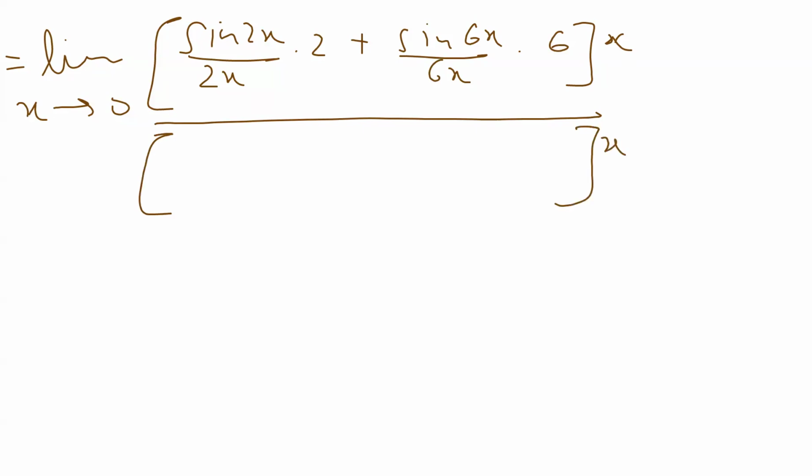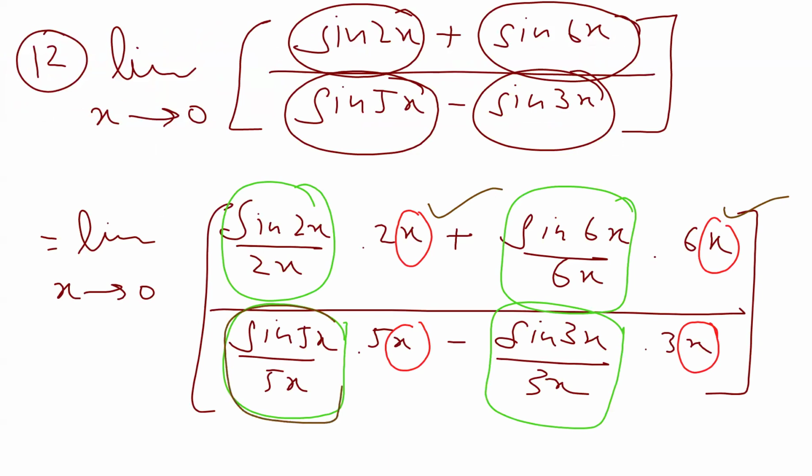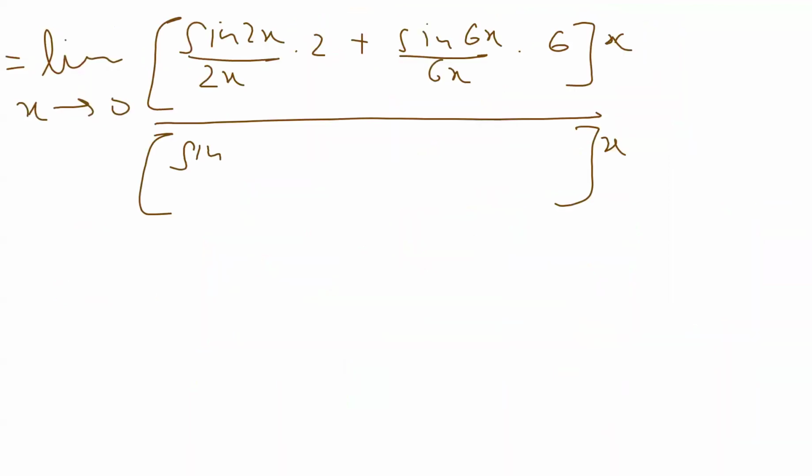Down also you take x common. So sine 5x into 5, sine 3x into 3. And x is going outside. Sine 5x into 5 minus sine 3x upon 3x into 3.